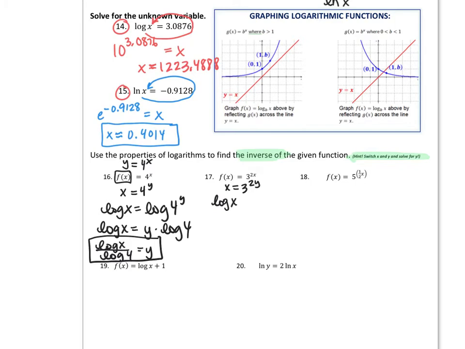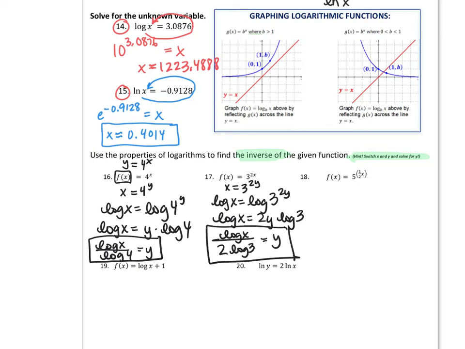We do log x equal to log of 3 to the 2y. If we bring that exponent down, so now to get y by itself, this would be log x divided by 2 log 3 equal to y. So you could do it like that.